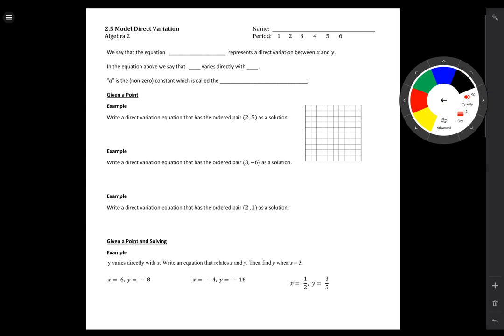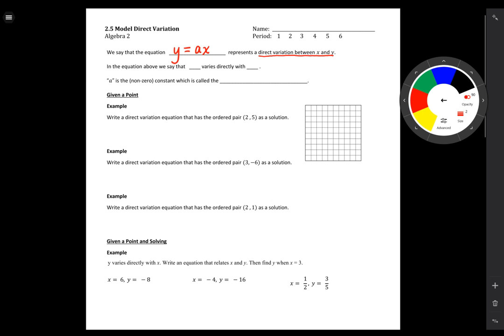Hello, Algebra 2 students. Today we are going to do section 2.5, model direct variation. We say that the equation y equals a times x, I call it the ax equation, represents a direct variation between x and y.